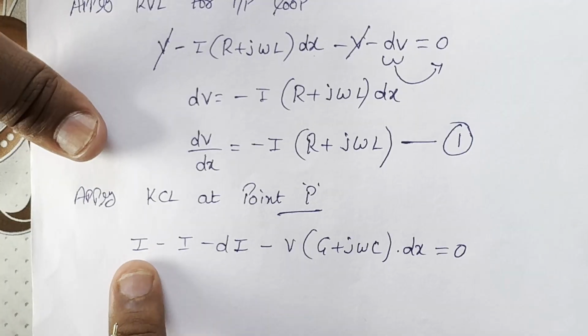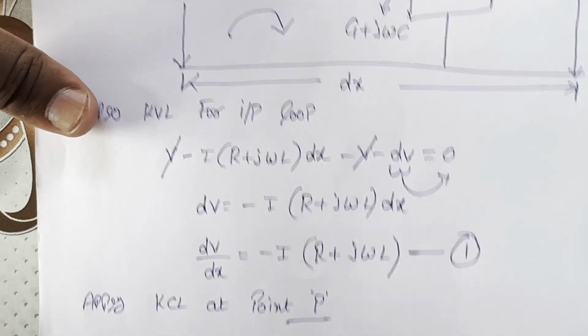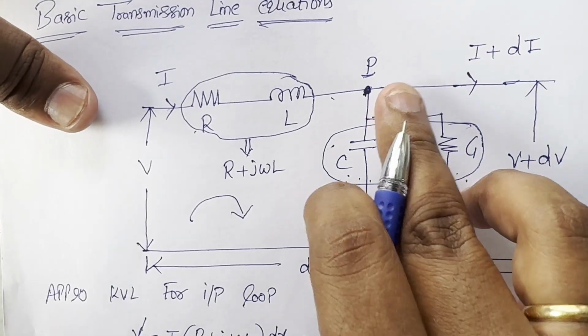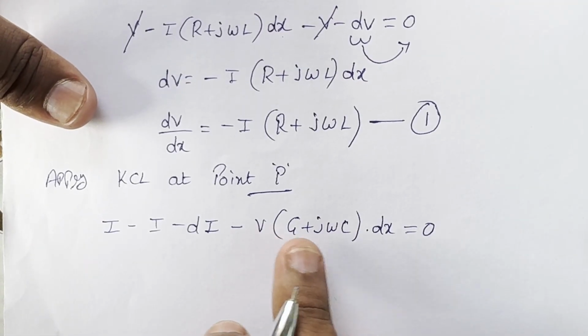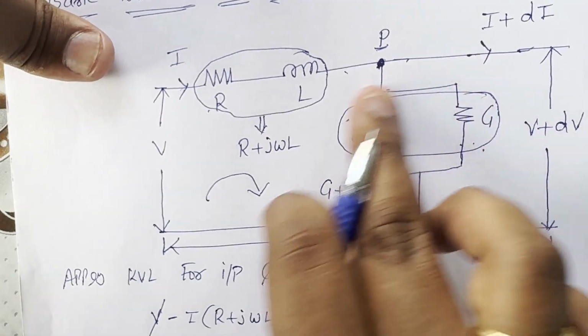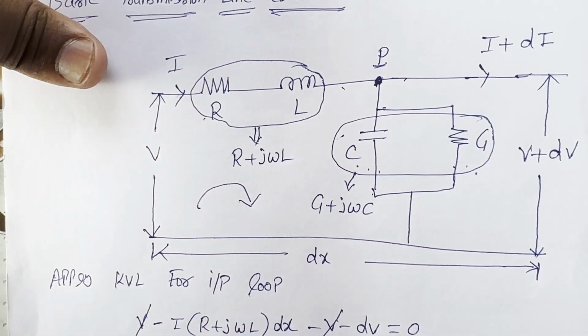Here I is the input current, I plus dI is the current flowing onward, and V into G plus j omega C into dx is the current across the shunt.